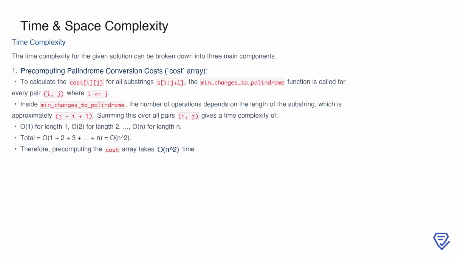For example, a substring of length 1 takes O(1), length 2 takes O(2), and so on, up to length n, which takes O(n). Summing these operations across all pairs gives us a total time complexity of O(1 + 2 + 3 + ... + n), which simplifies to O(n squared). Therefore, the time required to pre-compute the cost array is O(n squared).